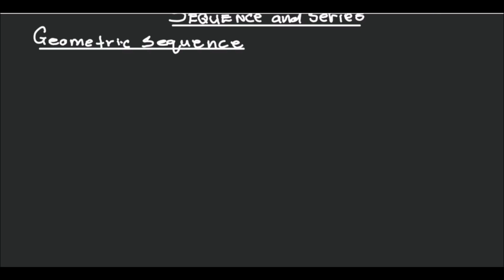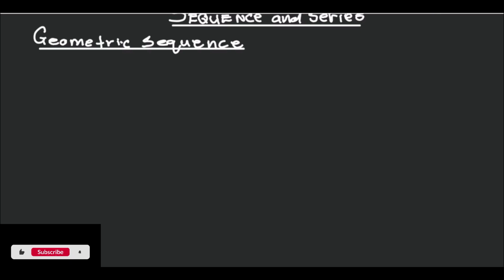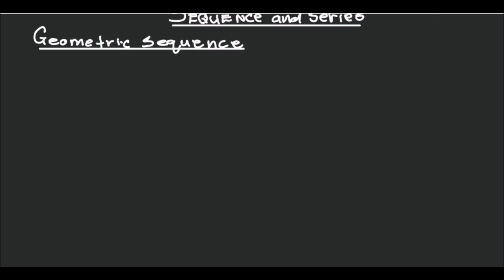So in today's video, we are going to look at the geometric or the exponential sequence. The geometric or the exponential sequence is kind of different from the other two that we have looked at so far, which are the quadratic and the arithmetic sequence.